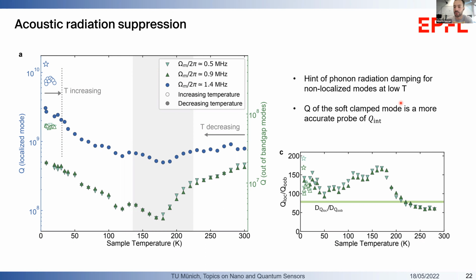So they start to leak out energy, to undergo dissipation by leaking energy to the substrate, which is a loss mechanism that is very effectively suppressed by the phononic crystal shield. Therefore, the localized mode doesn't undergo this acoustic radiation loss channel that much. And this means that the localized mode is a more accurate probe of the intrinsic quality factor of strained silicon.